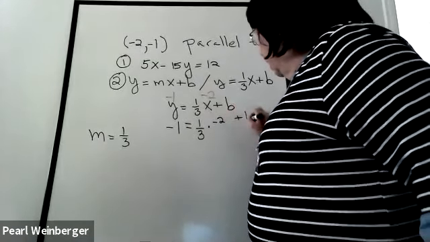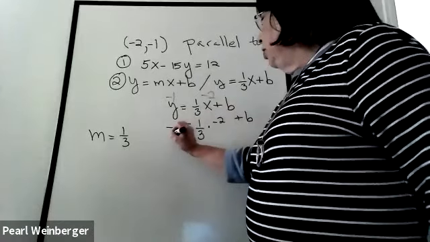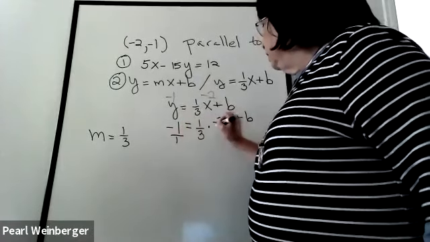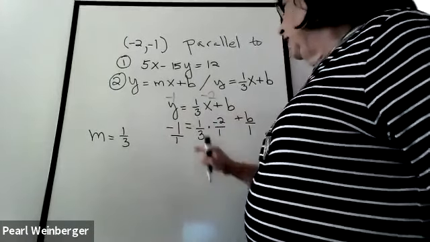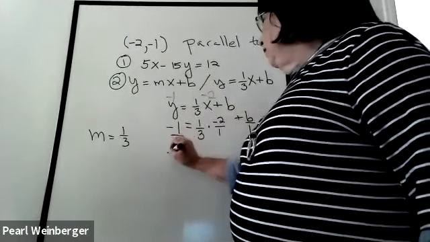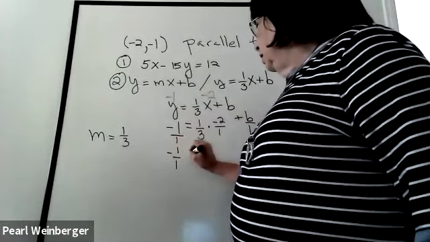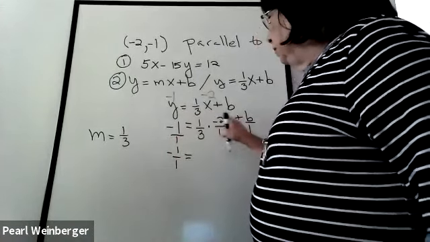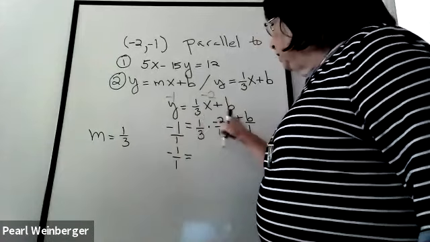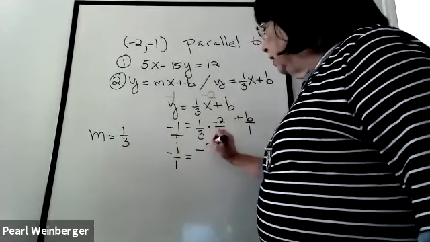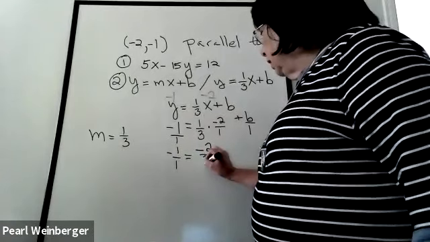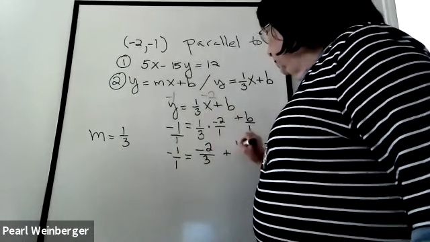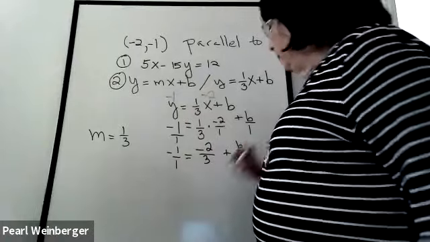plus b. Now I'm going to put all the whole numbers over 1 because it's easier to work this way. So this is -1 over 1 equals, well, when I multiply these two fractions, 1 times -2 is -2, 3 times 1 is 3, plus b over 1.